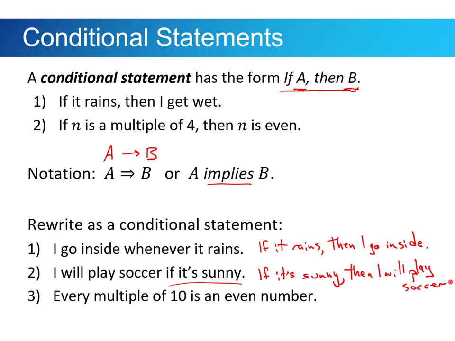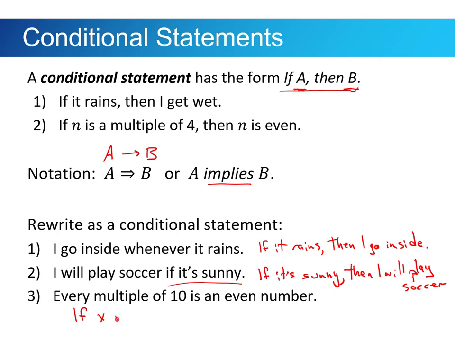And statement number 3, every multiple of 10 is an even number. How about that one? Every multiple of 10 is an even number. So that means if I'm looking at a number that is a multiple of 10, then it's an even number. So how about if some number is a multiple of 10, then it is an even number. Or you could put a variable in there to make it flow a little bit more easily, perhaps.